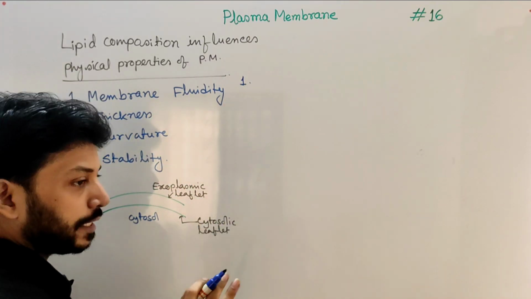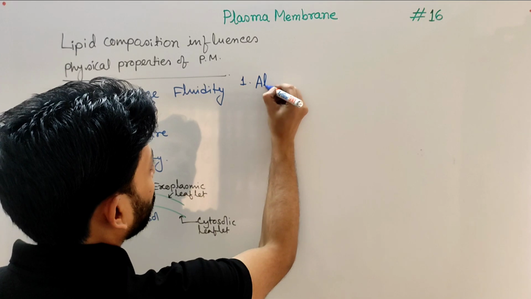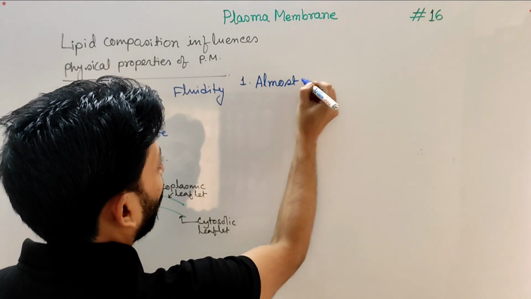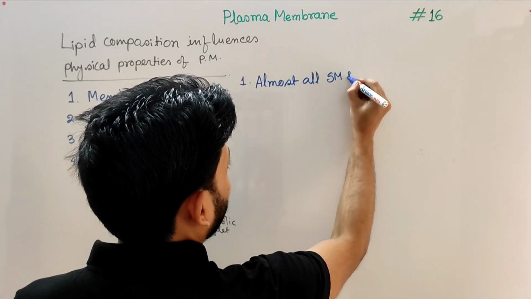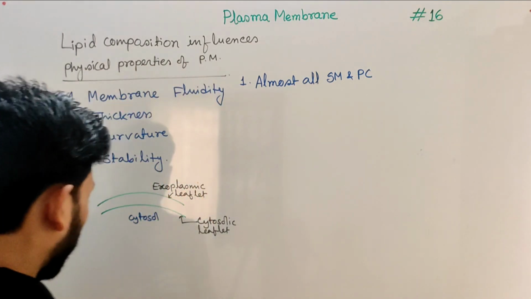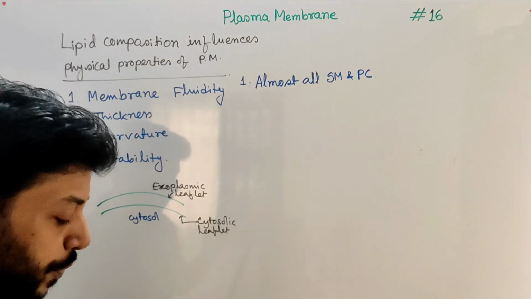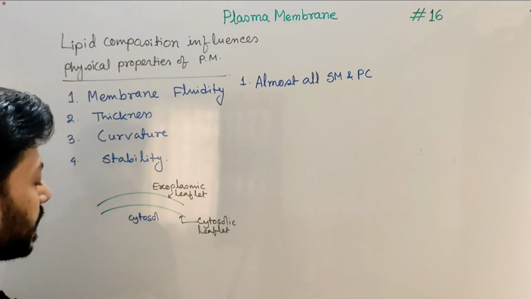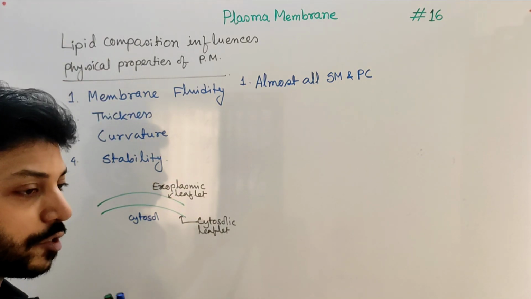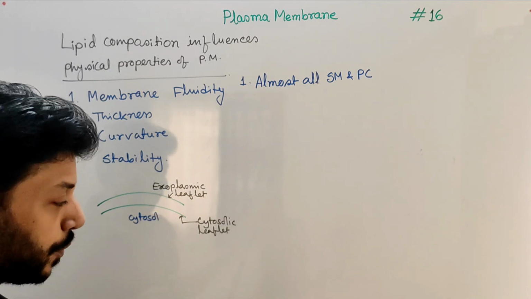Now it has been found, I am talking about membrane fluidity, so first point is almost all sphingomyelin and phosphatidylcholine. Now sphingomyelin and phosphatidylcholine are two lipid molecules. In my previous video, Basic Facts on Plasma Membrane, I have mentioned that in the plasma membrane there are three major categories of lipid molecules present.